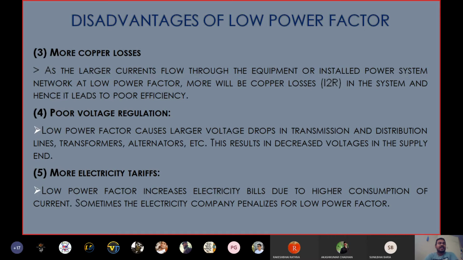More electricity tariff. At low power factor, electricity bills increase due to the higher consumption of current. Sometimes the electricity company penalizes for very low power factor.